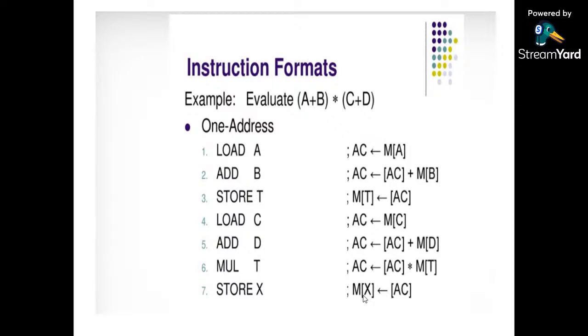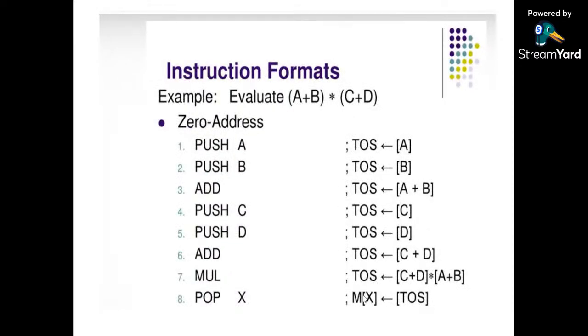Let us go to the zero address instruction format. Suppose we are having zero address instruction format, or our machine supports zero address instructions. Again it is clearly evident that the number of instructions or steps required to execute the same equation further increases from 7 to 8.